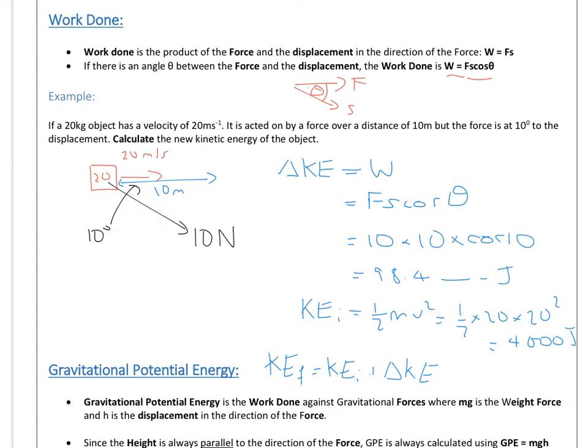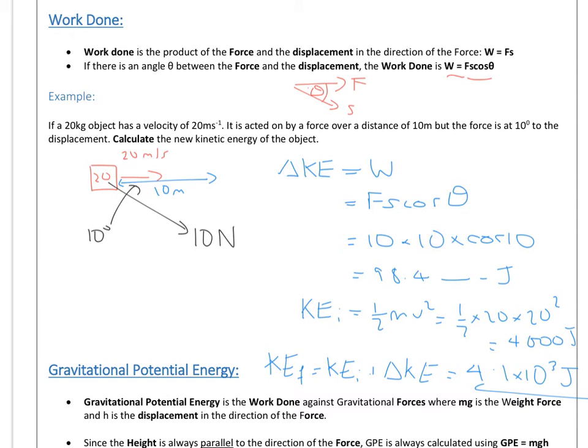So it's 4,000 plus the previous part, which is 4,098, or 4.1 times 10 to the 3 joules, once we give that to two significant figures, like the information in the question. Okay, so that's how we can link kinetic energy and work done.